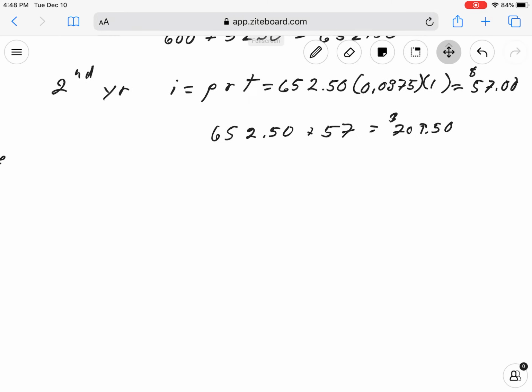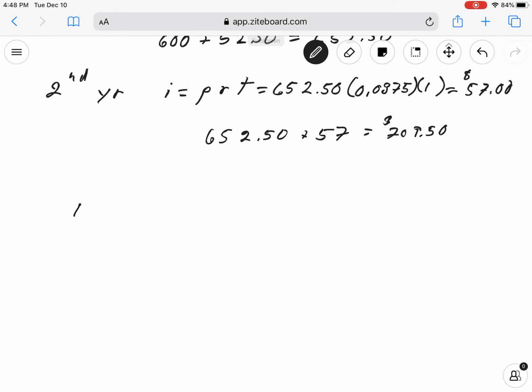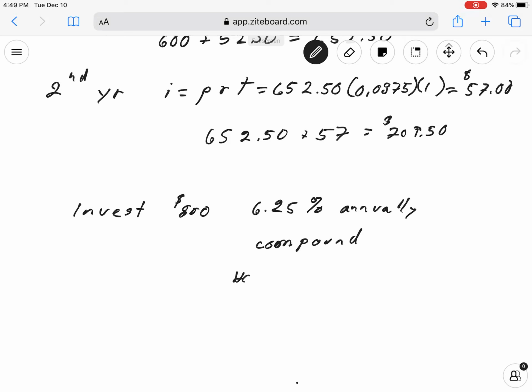Let's look at one last example. Say we invest $800, and it's going to pay us 6.25% annually, and it's going to compound, and we want to know how much we will have after 2 years.